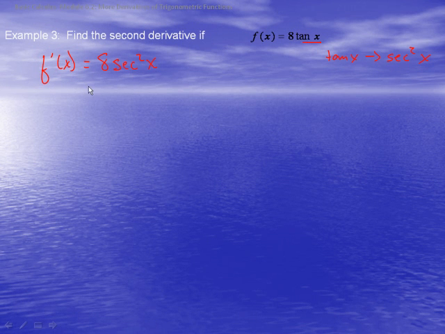For our second derivative, let's rewrite this as 8 secant x quantity squared. That way I can use my chain rule. And the good thing about this is we have a derivative for secant x, which is secant tangent x.